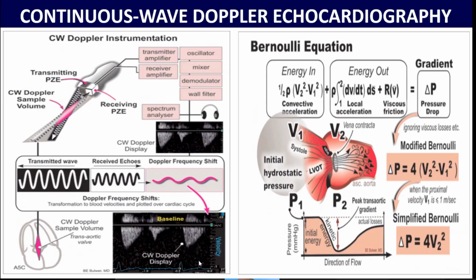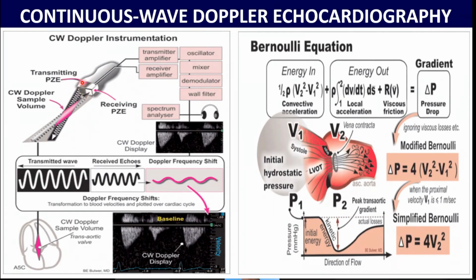Coming to continuous wave Doppler, now we'll go into the 4 different types. First one is the continuous wave Doppler. In the continuous wave Doppler, there are 2 transducers, two piezoelectric crystals.